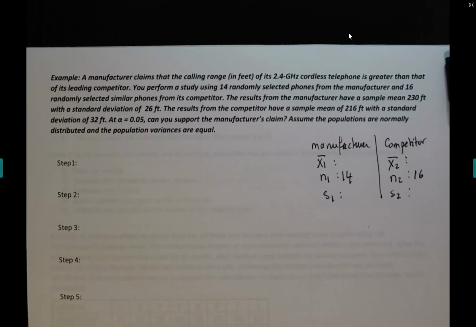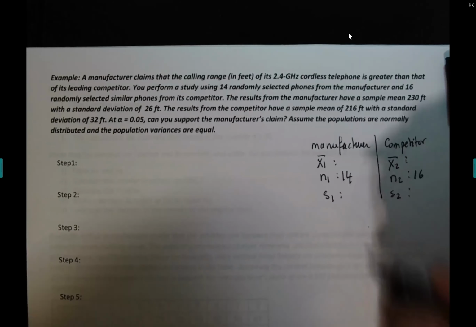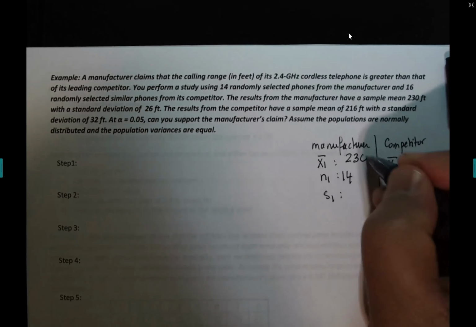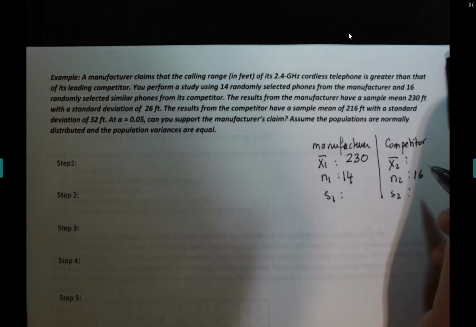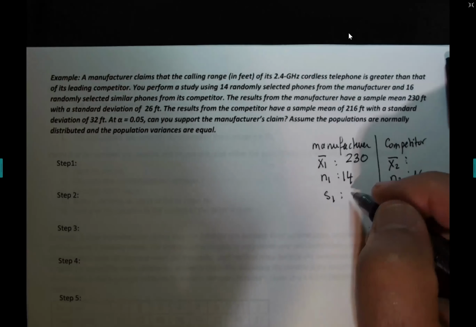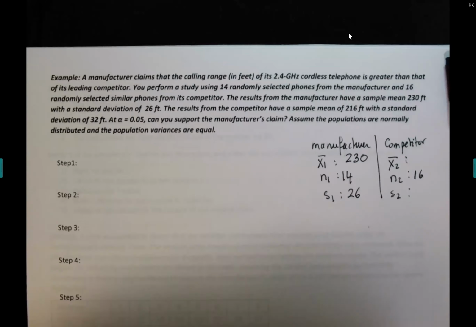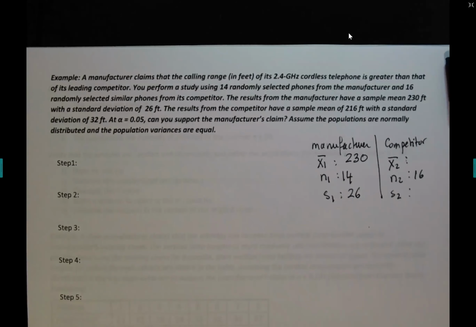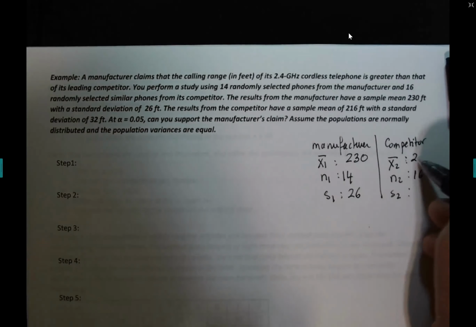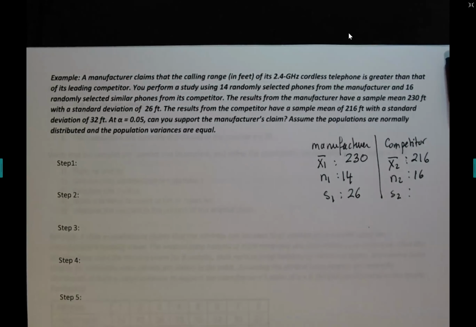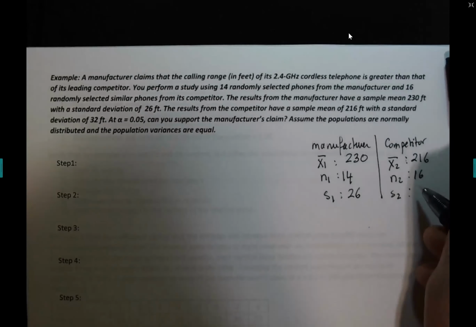The results from the manufacturer have a sample mean of 230 feet, with a standard deviation of 26. S1 is 26. He didn't say population standard deviation, guys, so it must be S. The results from the competitor have a sample mean of 216 feet with a standard deviation of 32 feet.